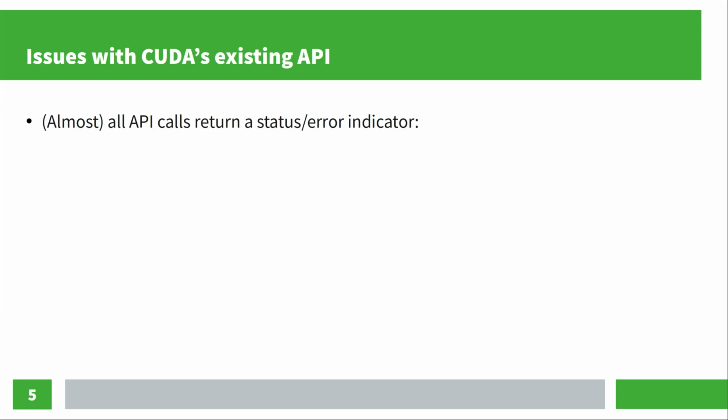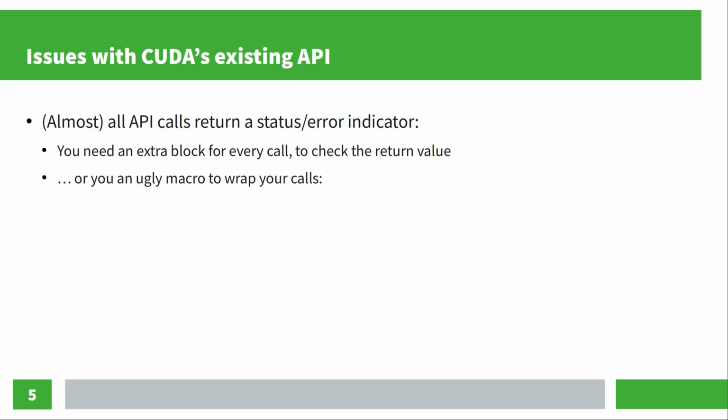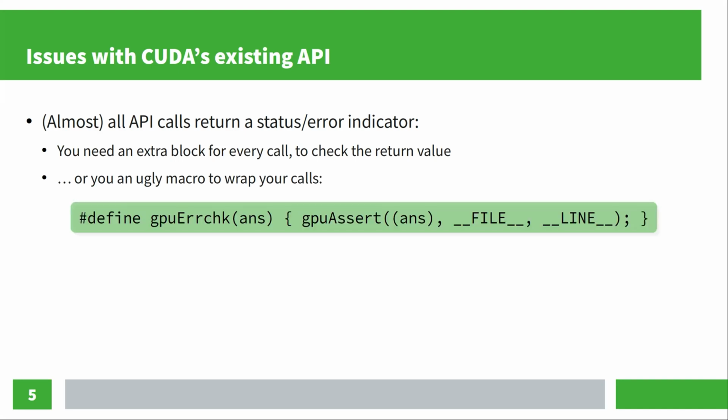even though it's not technically all C. So, for example, all of the API calls return a status indicator or result indicator. And that means that whenever you make a call to anything, and we'll see this later, you have to check the return value. And if you don't do that, then instead you have to write some kind of a macro.